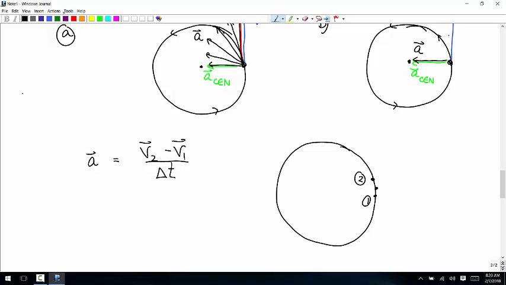Let's think about the velocities. At instant 1, we have a velocity, just sort of exaggerated, like this, tangent to the circle. And at instant 2, we have a velocity like this. This is V1, this is V2.